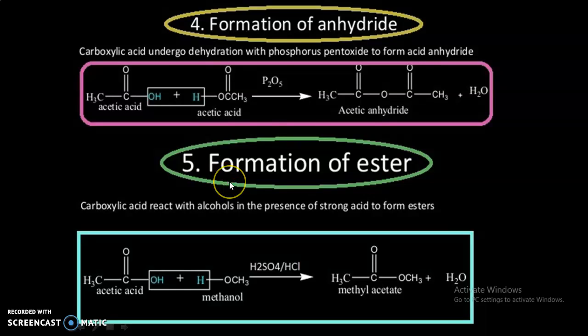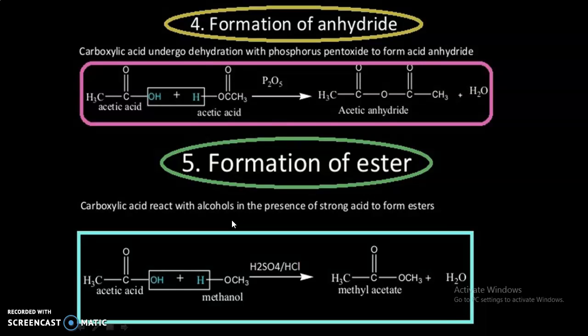Next reaction is the formation of ester. It is also called esterification reaction. Carboxylic acid reacts with alcohol in the presence of a strong acid catalyst like H2SO4 or HCl to form esters.